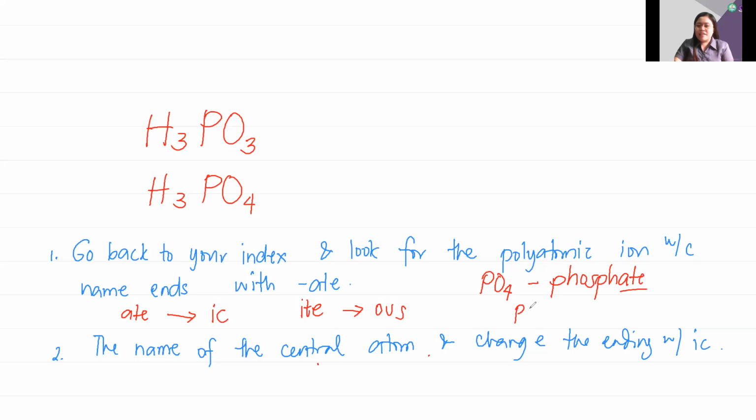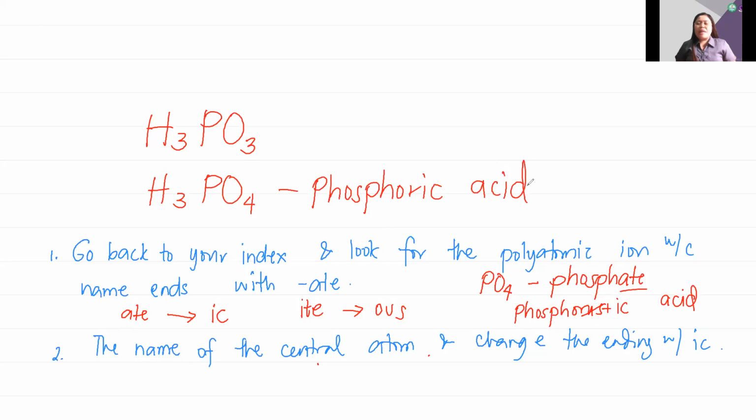So definitely this is phosphorus here. The central element, we will get rid of the ending. Instead, i-add natin si IC plus the word acid. So this is now the phosphoric acid. Hindi ka basta-bastang maglalagay ng per, class ha, kasi baka malito kayo.